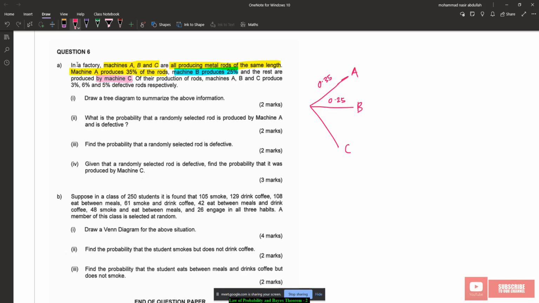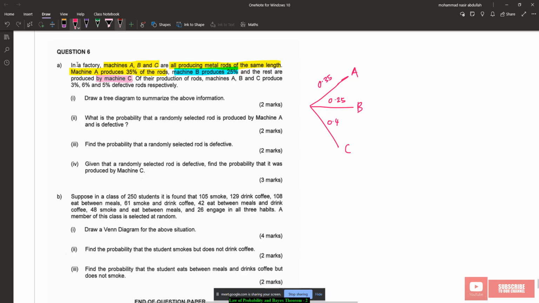Machine C, 1 minus 0.35 minus 0.25. So this one should be equal to what? 0.4. Right. So we complete the first phase.